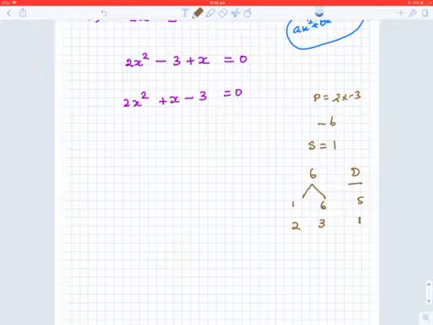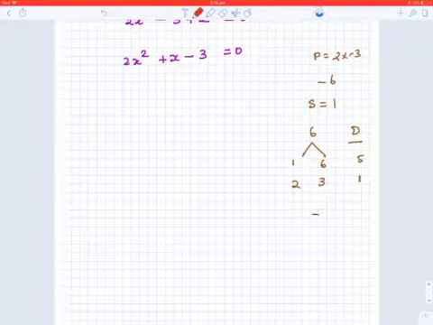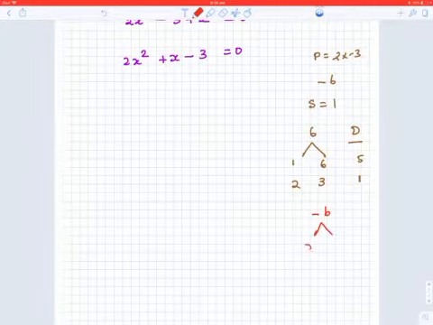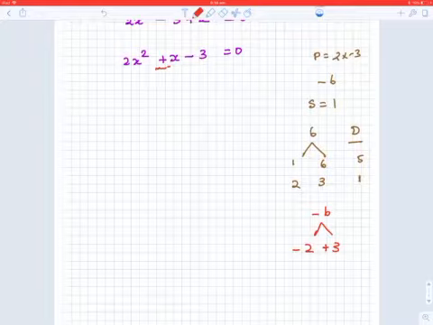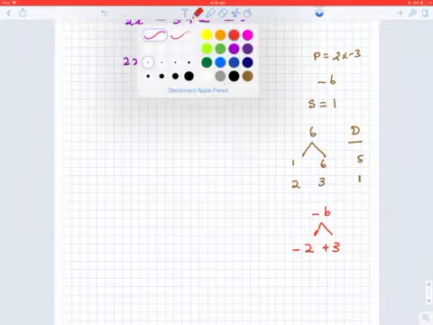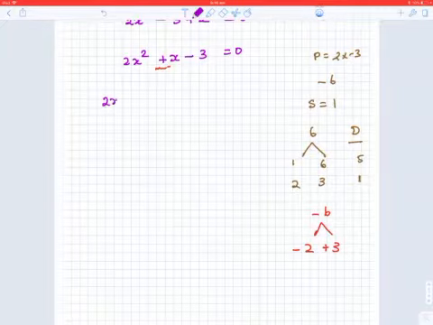If I do 1 and 6, the difference is 5, so I don't need that. If I do 2 and 3, the difference is 1. But then we have to consider the minus 6, so I'm selecting 2 and 3 and then looking at the sign, which is plus 1x, which means this is plus 3 and that is minus 2.